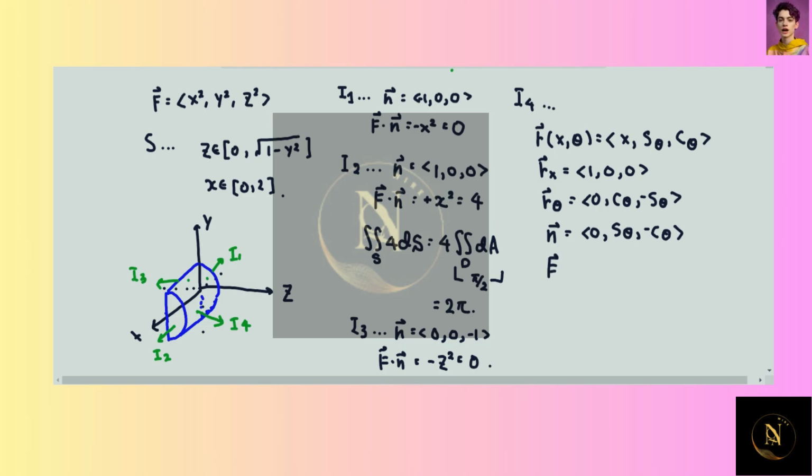F looks a little bit ugly. It is x squared, y squared is sine squared, z squared will be cosine squared. So when we calculate F dot n, the dot product will be sine cubed minus cosine cubed.